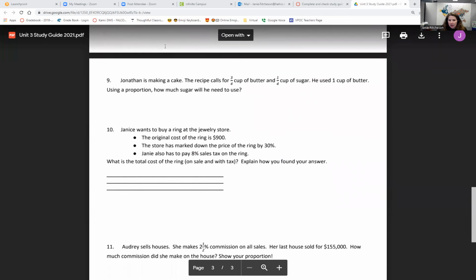Number 9, Jonathan. Let's see what it says. Jonathan's making a cake. The recipe calls for 3/4 cups of butter and 1/4 cup of sugar. He used 1 cup of butter. How much sugar would he need? All right, using a proportion. We're going to do sugar over butter or butter over sugar. It doesn't matter. So I'm just going to do butter over sugar.